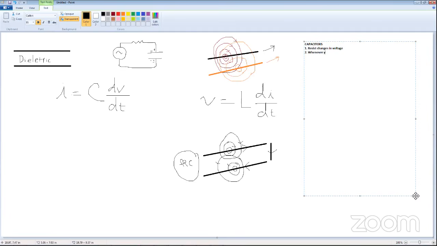Whenever you have two conductors separated by a dielectric, an insulator, you have a capacitor.